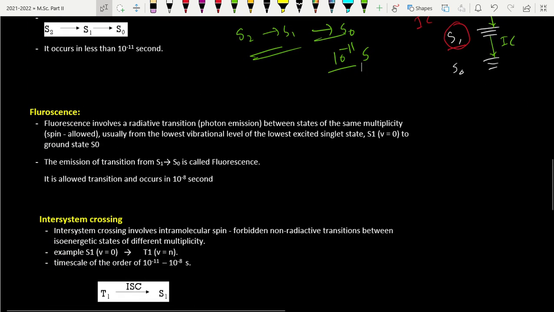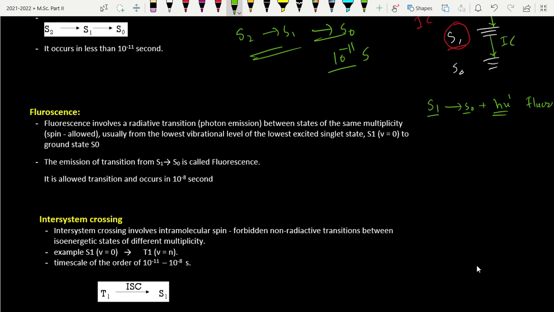So fluorescence involves a radiative transition, right? Because it is a transition from S1 to S0 with the emission of energy. So this is known as fluorescence. It is between states of the same multiplicity, the singlet state, so it is a spin allowed transition, usually from the lowest vibrational level of the lowest excited singlet state.